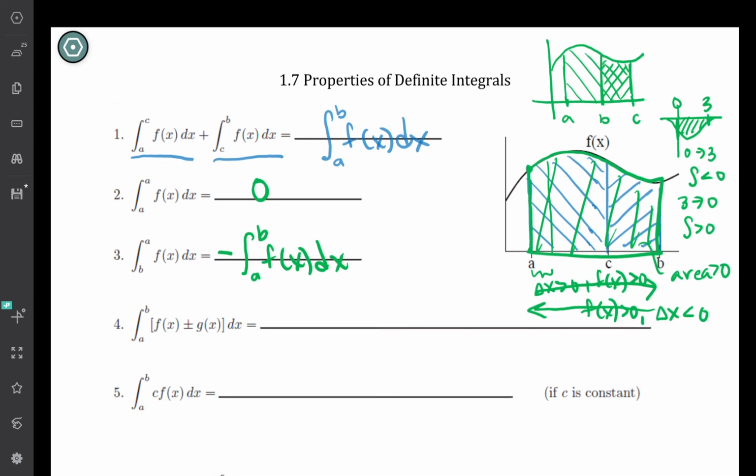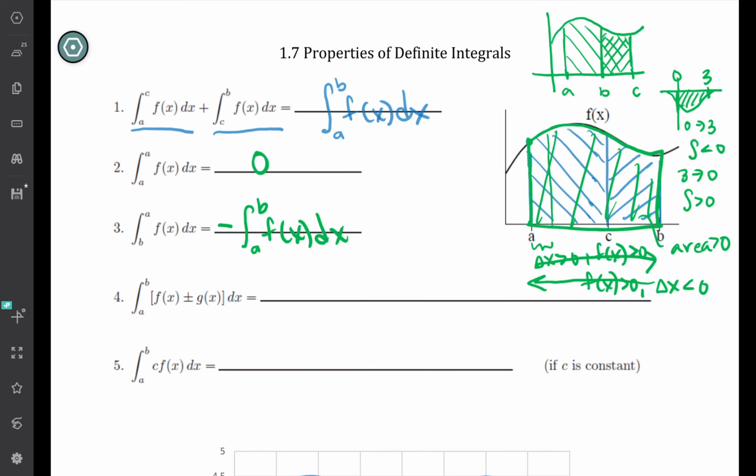Okay, so with that in mind, I can go back to this picture I started. Up towards the top, I said I was accumulating area from A to C. So in this picture, the integral from A to C is some positive number. When I go backwards from C to B, that's actually going to count that area as negative.